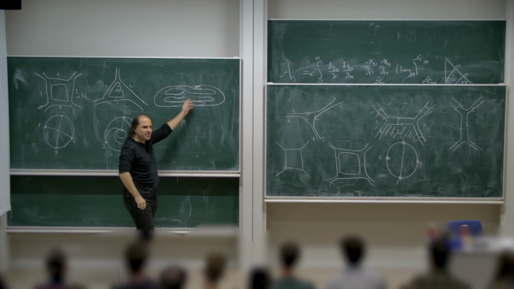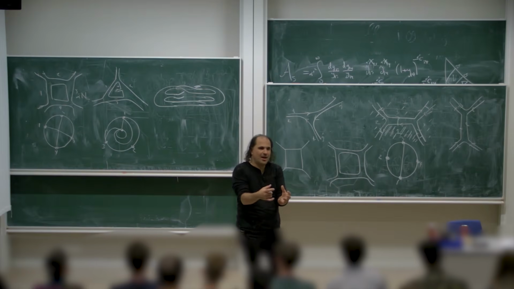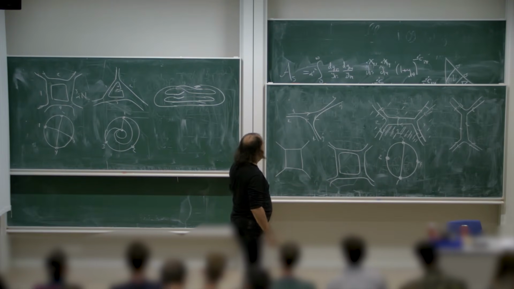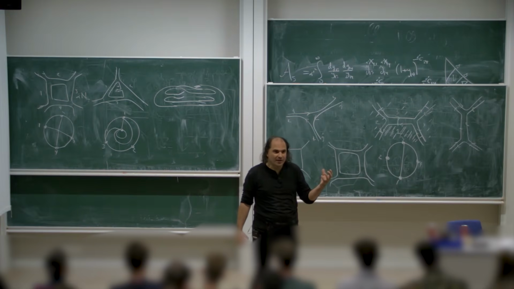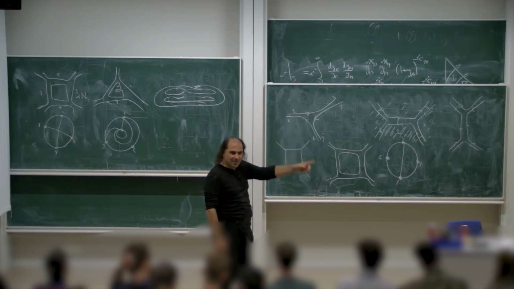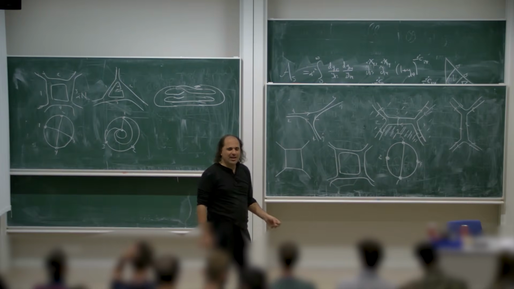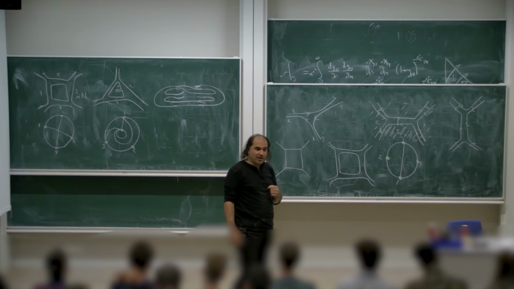The first one is just a sphere with 3 punctures, and it is proportional to n squared. This has no ends. The color line just goes around once. And so, again, there's just one power of n. The other one has three powers of n, so it's enhanced by another factor of n squared.